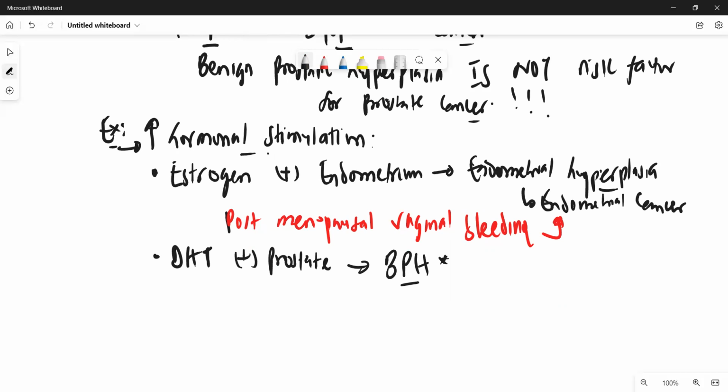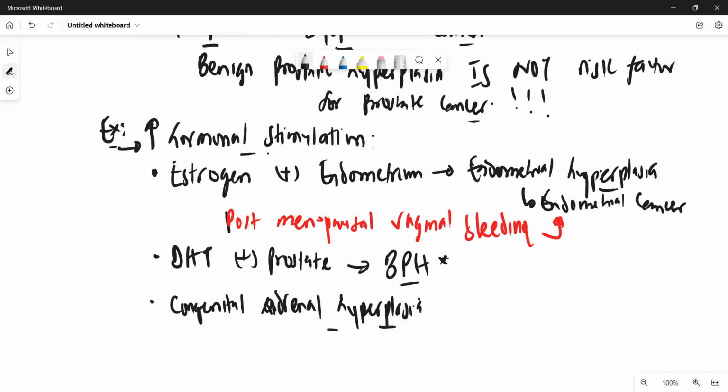Moving on, another one that we can also add to it is what we see in congenital adrenal hyperplasia. This is also due to hormonal stimulation, right?